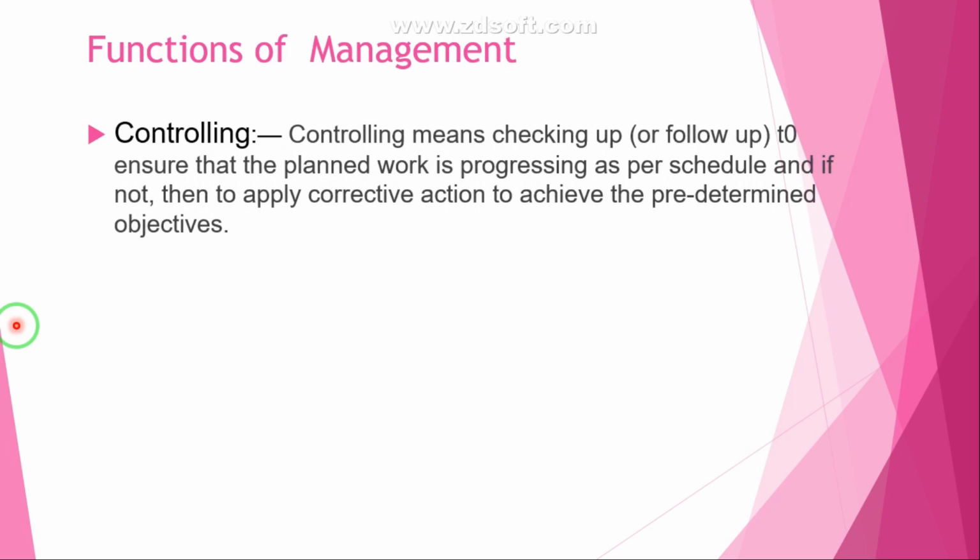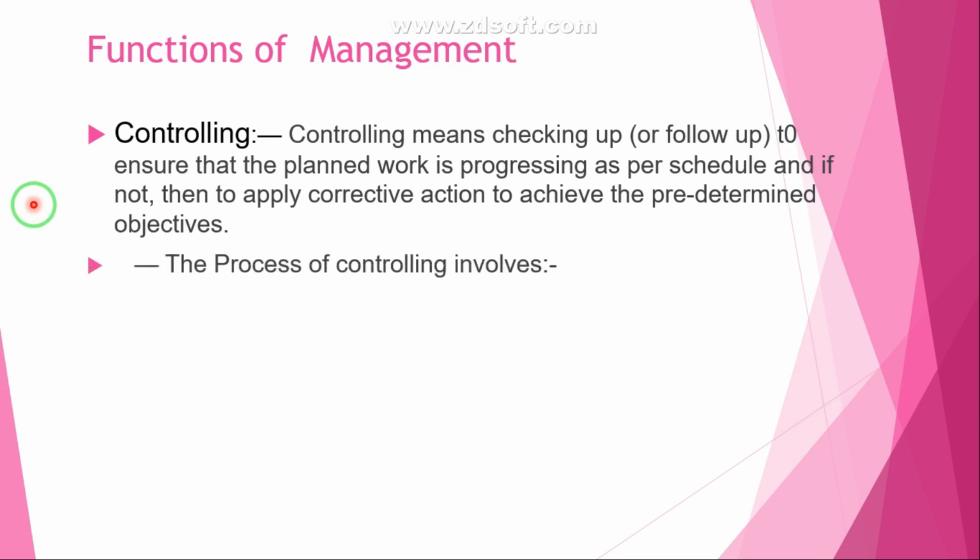Well, controlling means checking up, following up to ensure that the planned work is progressing as per schedule. If not, then to apply a corrective action to achieve the predetermined objectives.